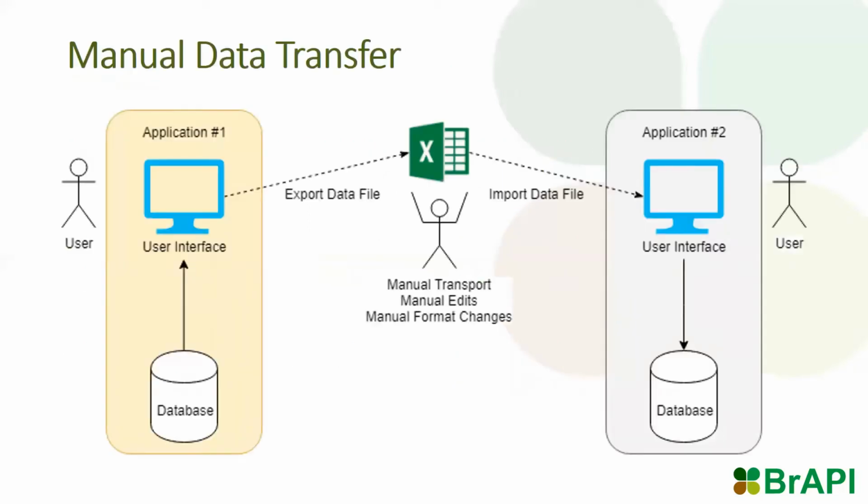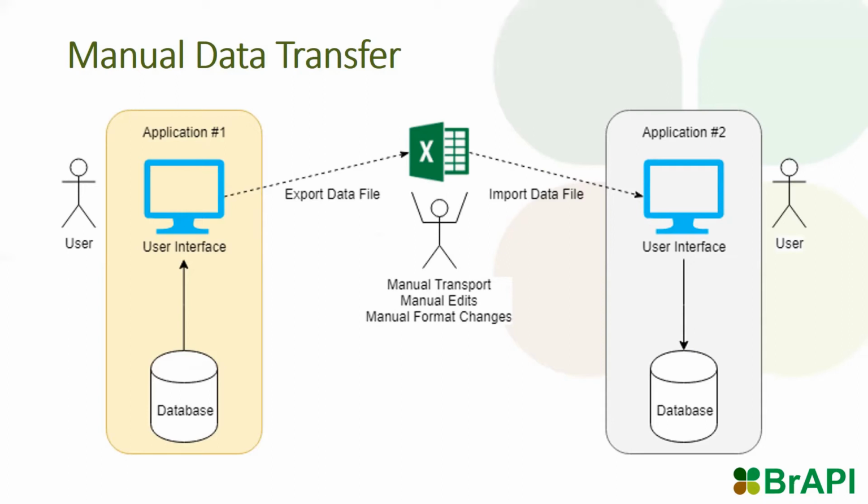Manually transferring data from one system or tool to another can take a lot of effort and is prone to human error. In this example of manual data transfer, we can see a user is required to manually export data from the first application, usually into Excel or CSV file. The user is then responsible for transporting this data file from one system to another.